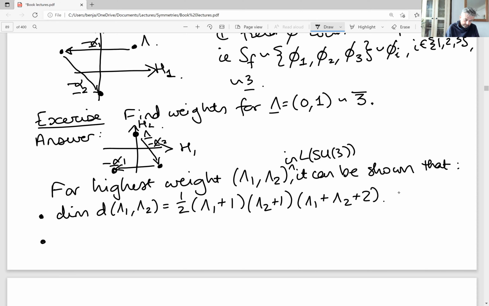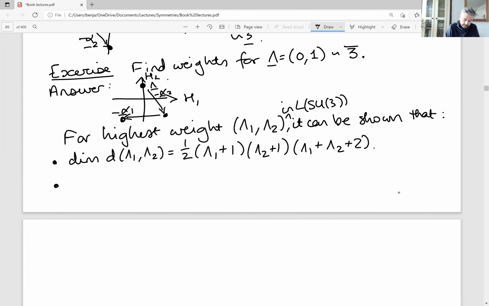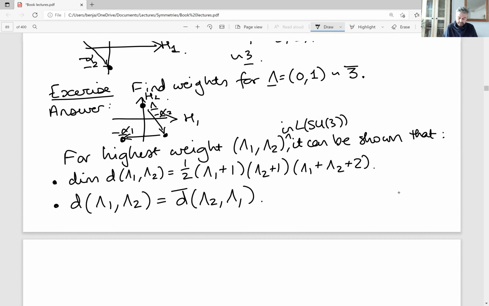This is only for SU3. And also that d of lambda 1, lambda 2 is the conjugate of the lambda 2, lambda 1 representation.